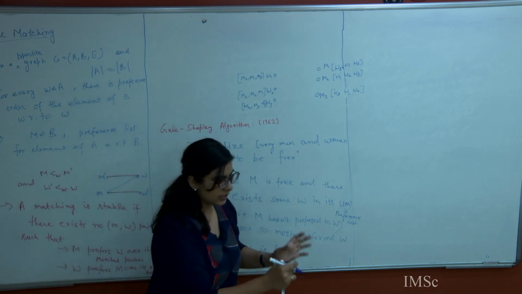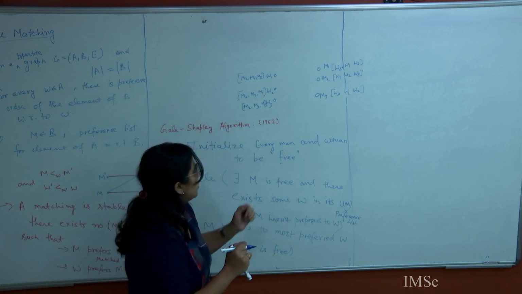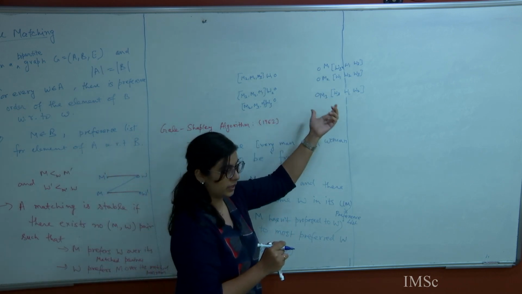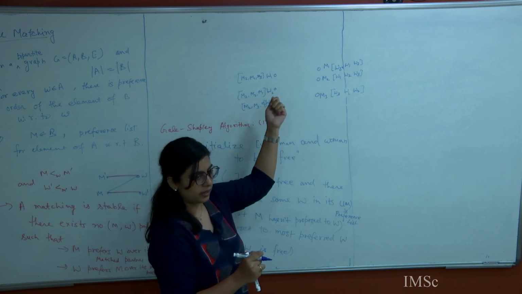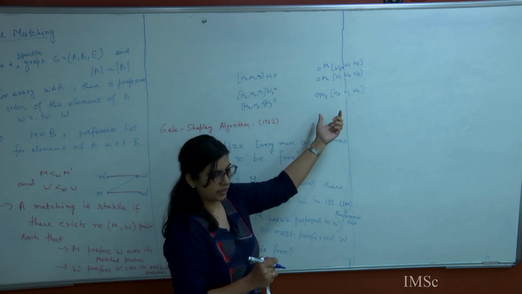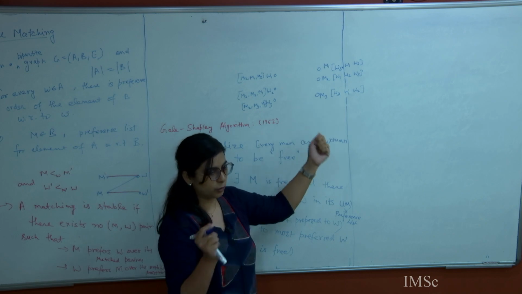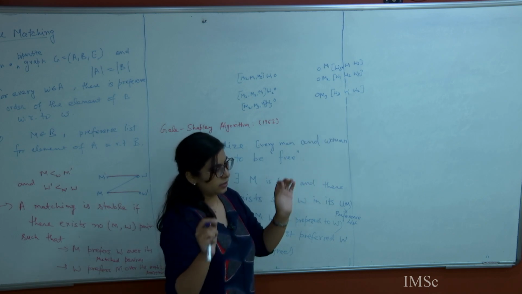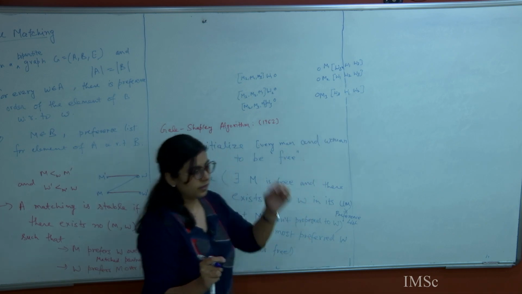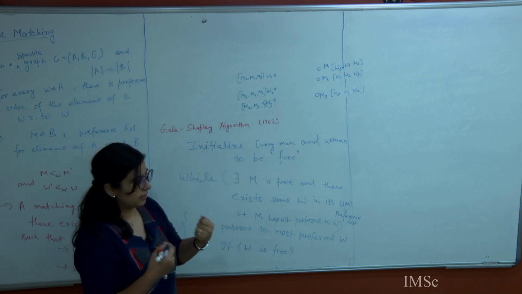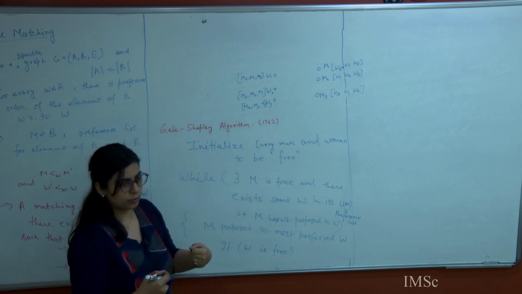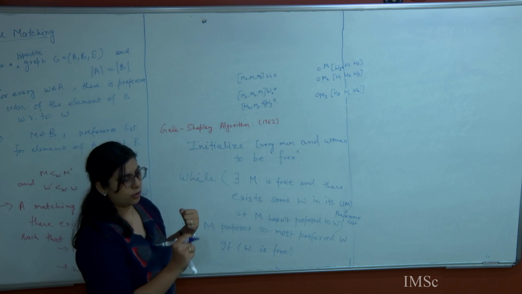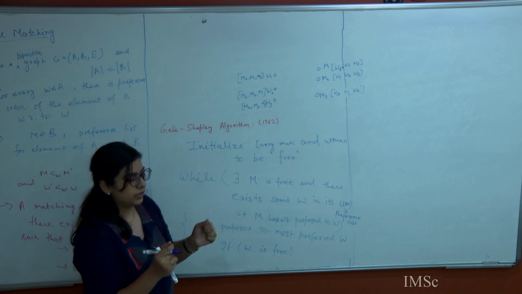Okay. So, this is the algorithm, and whenever we have some free men, we will keep doing that. We will look at his list and go to the most preferred woman whom he has not proposed to yet, and he will propose, and then the woman will decide whether she wants to accept it or not. It is based on whether she is free.